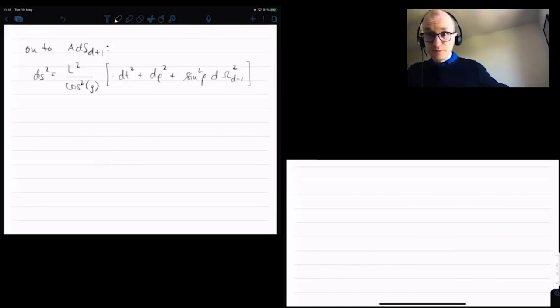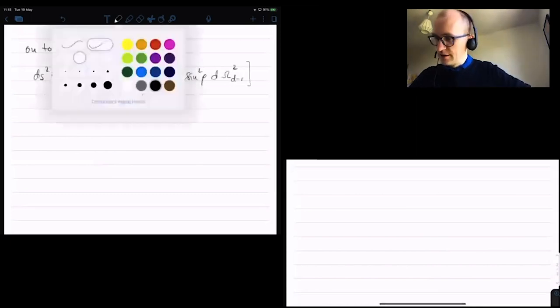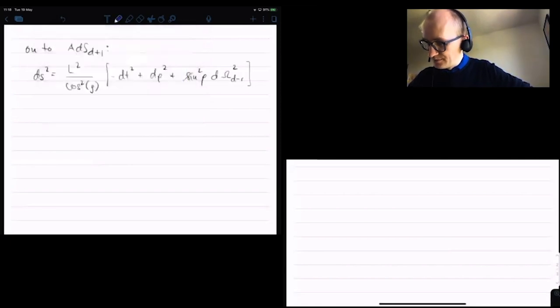So there is this d minus 1 sphere there, and if I'm not entirely mistaken, this is the correct dimensionality. And just as a remark, this thing that's inside here is what people like to call the Einstein static universe for historical reasons.